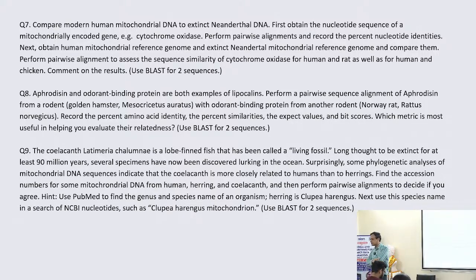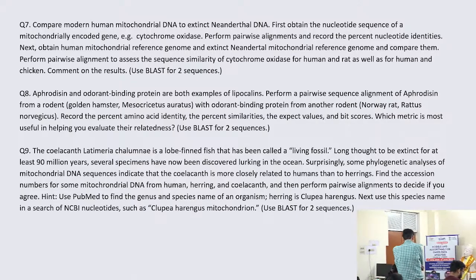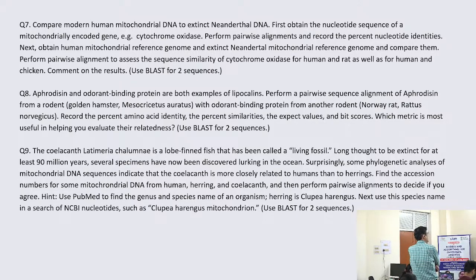So could you get the sequences? Go to NCBI and get the nucleotide sequence of cytochrome oxidase for human and then Neanderthal, and then perform pairwise alignment.